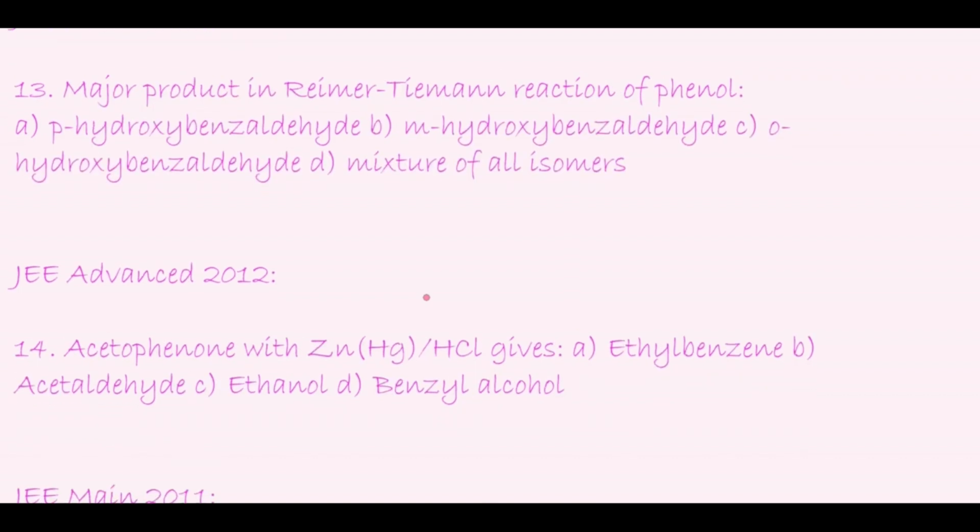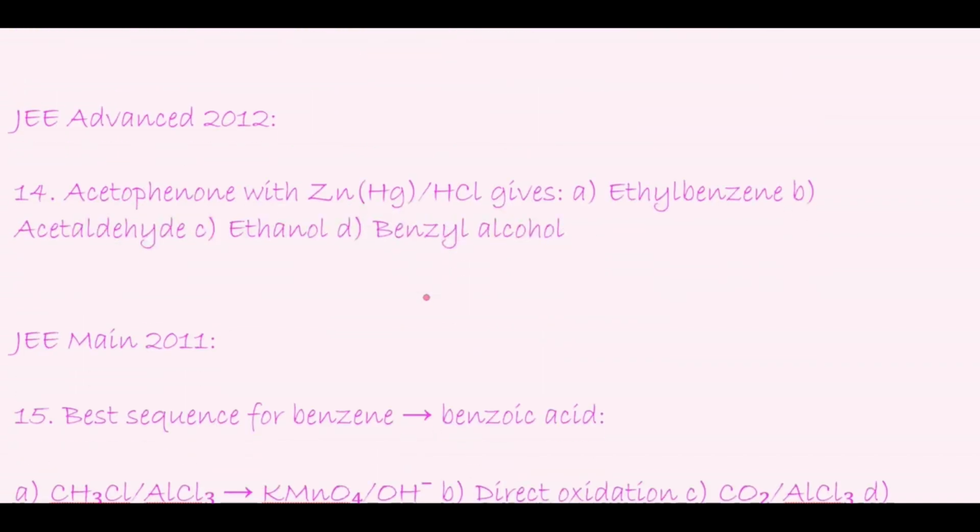Major product of Reimer-Tiemann reaction of phenol. So Reimer-Tiemann reaction means what is the major product? Ortho-formylation is preferred. So ortho is the major product, because it can form a hydrogen bond which makes it much more stable. Ortho is stable. That is more major.